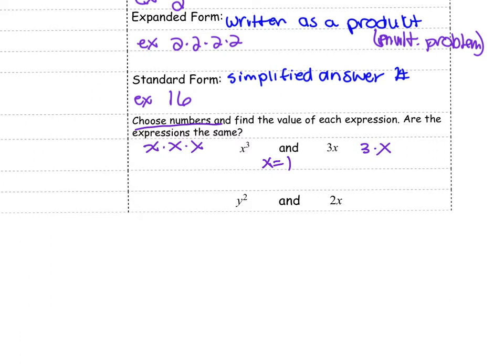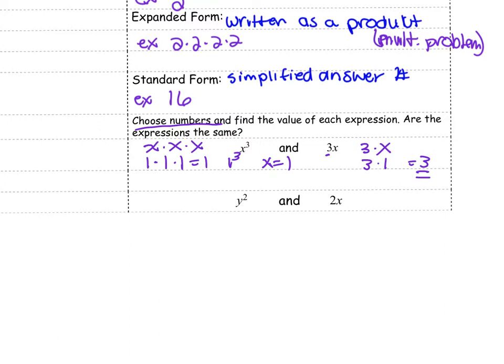X to the third means 1 to the third, which is 1 times 1 times 1, which is 1, where 3x means 3 times 1, which is 3. So if the 3 is an exponent, it means you're taking that factor that many times. Or if 3 is the coefficient, if it's in front, then you multiply to get the number.